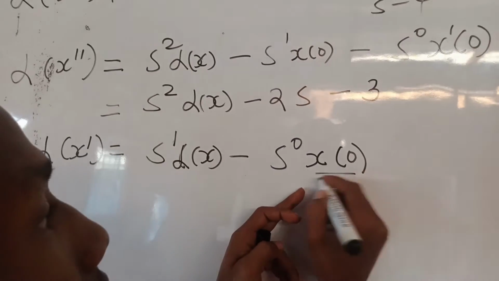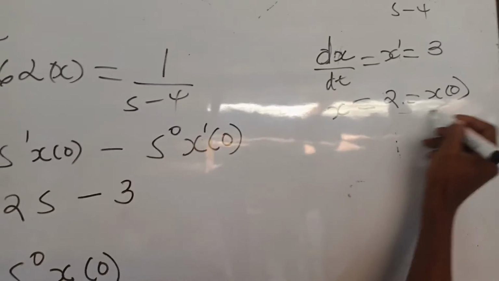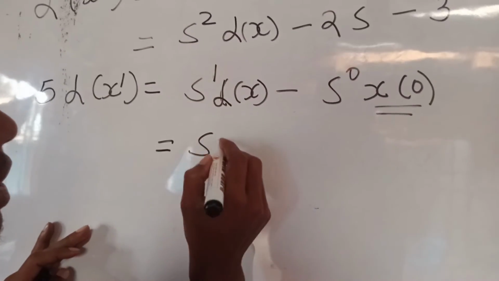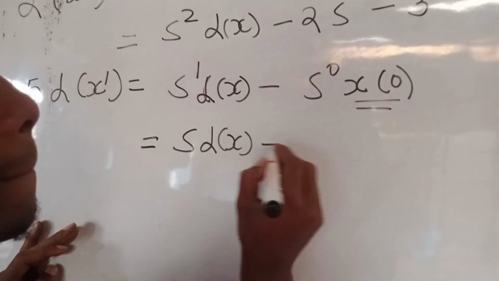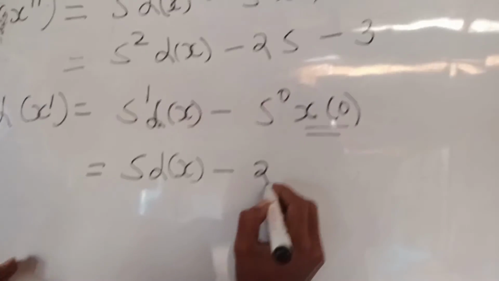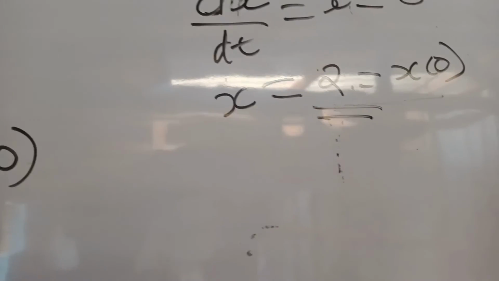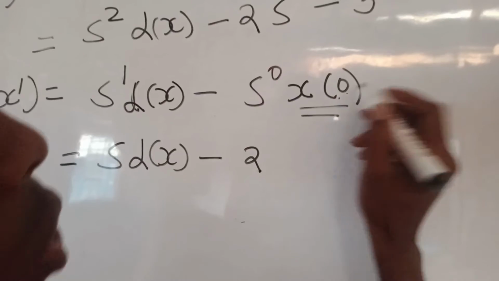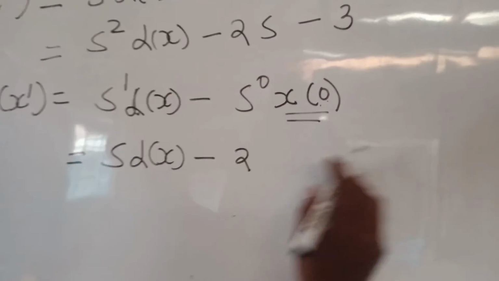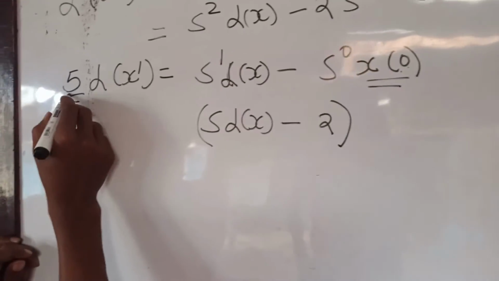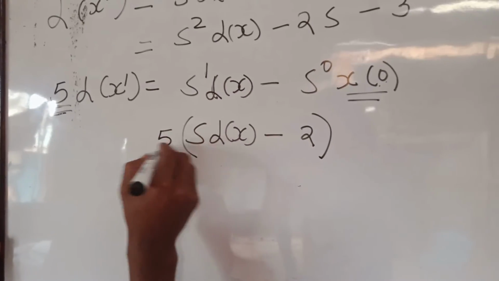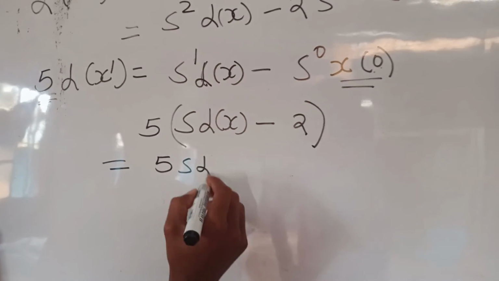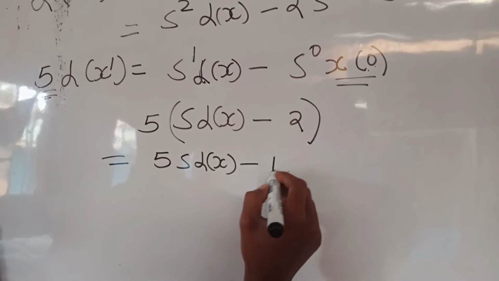So we already have this value, which is 2. So we can replace it straight away and say that s L of x minus 2. Are we together till there? We have 2 because this is x into brackets 0. So this 5 here, we need now to multiply into this so that we get 5 sL of x minus 10.